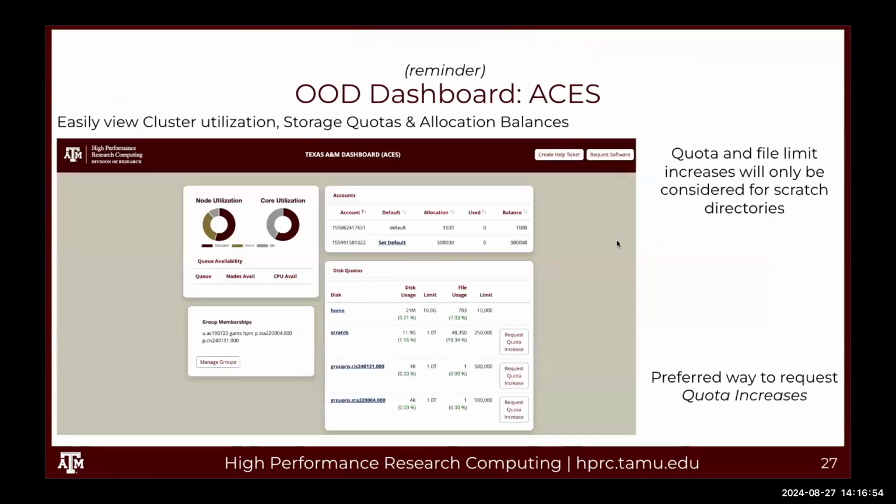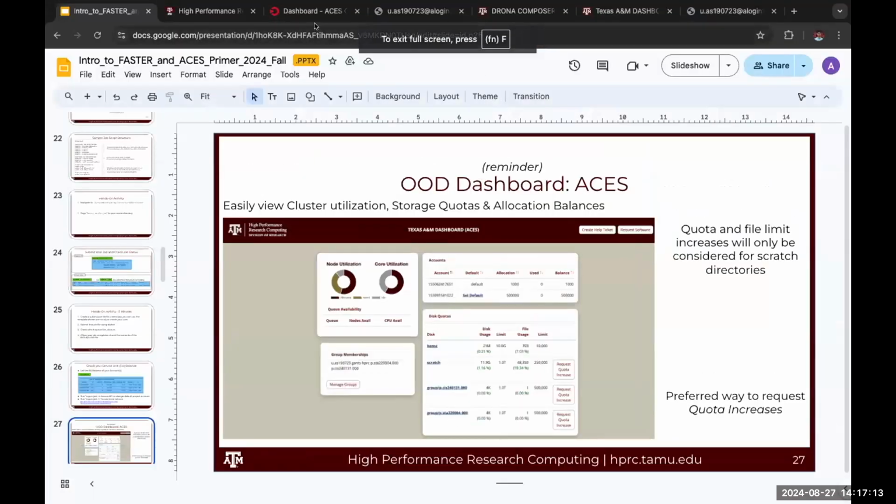And just a reminder, you can obviously check the same thing on the portal, and you can again request a quota increase and even raise a help ticket from there if you are facing any issues. I'll also show you how you can raise a help ticket on our dashboard.